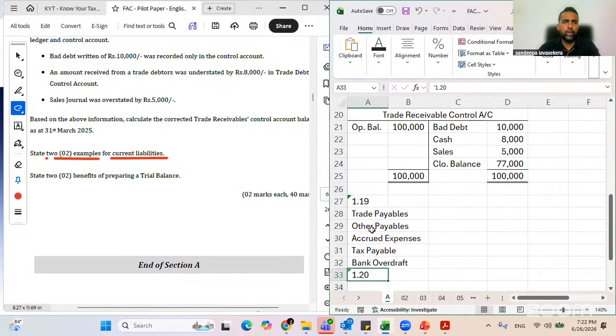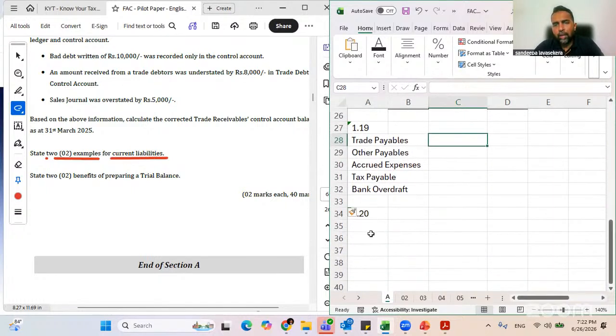You just have to write only two. Trade payables, other payables, accrued. Right.